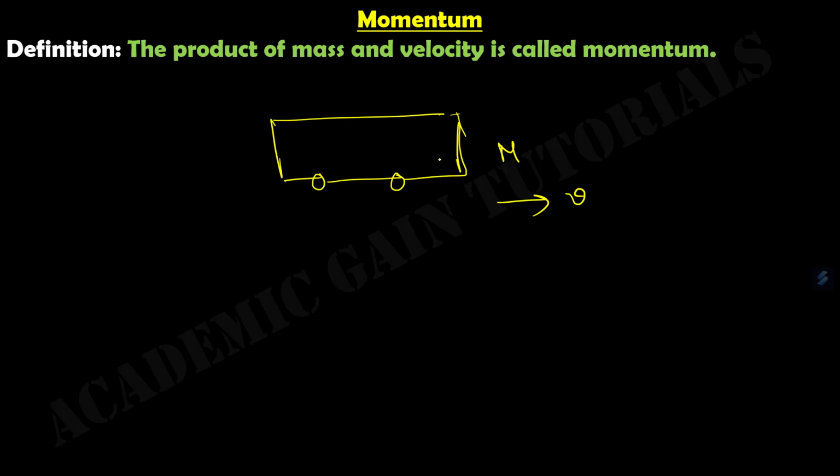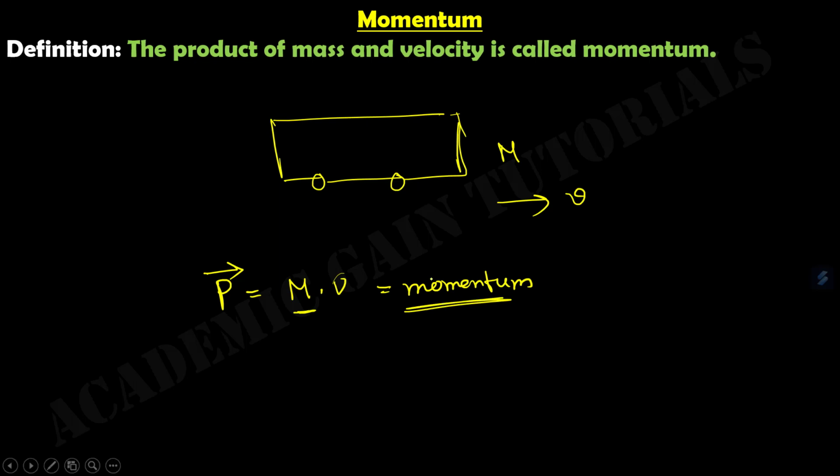So the momentum p equals m into v, and momentum is also a vector quantity. When we multiply mass with velocity, we find the momentum. We will discuss this momentum in our further lectures, and it is a very important thing in the laws of motion.